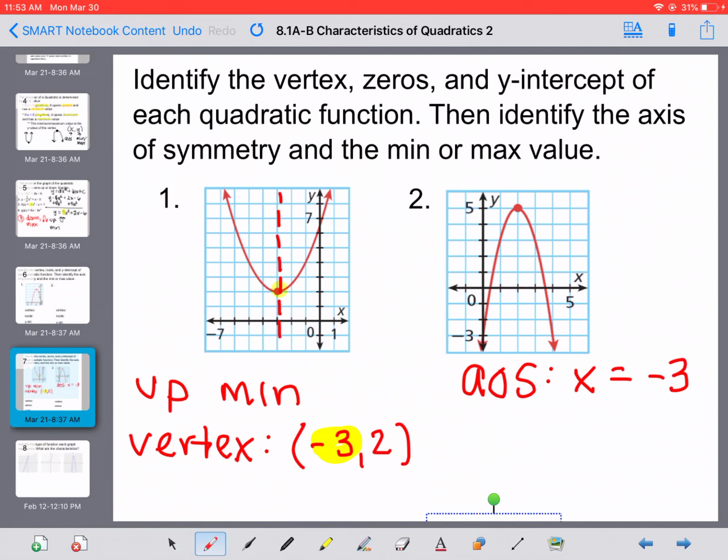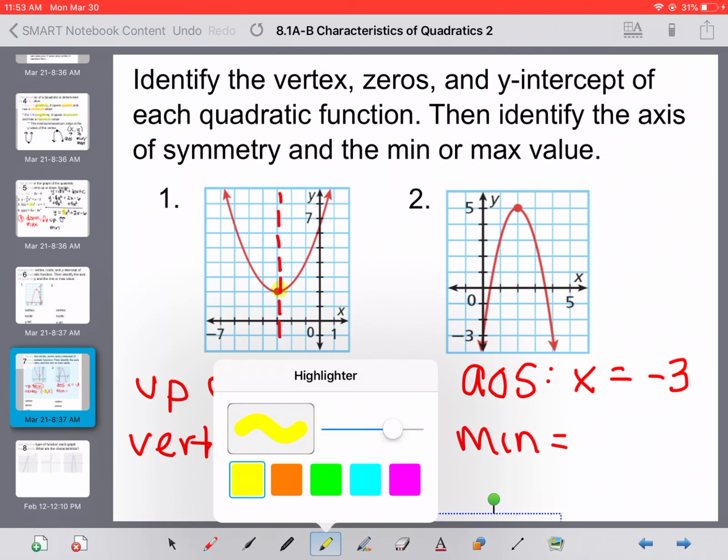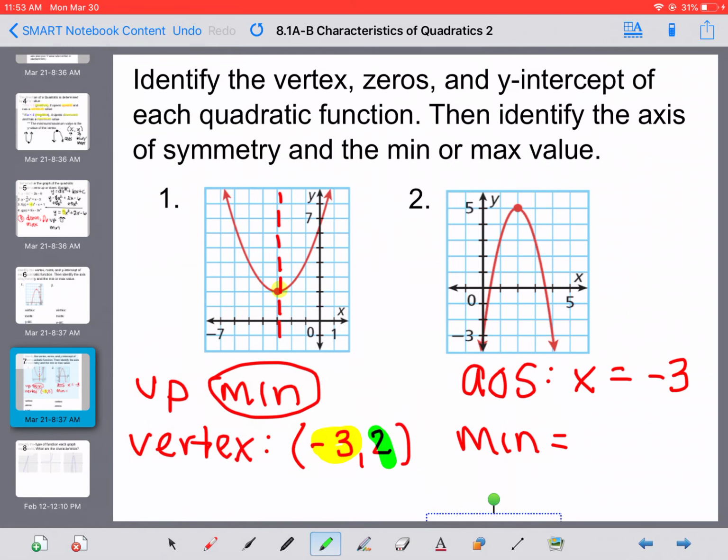Because it has a minimum, our minimum value is our y value, so our min is at 2. So your minimum is at 2, your axis of symmetry is x equals -3, and your vertex is at -3, 2.